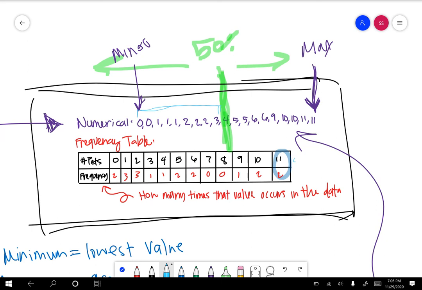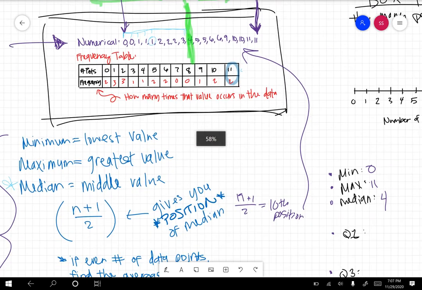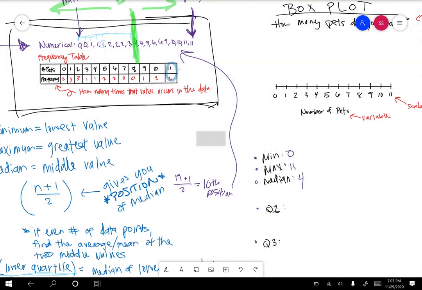To find Q1, we use that median formula again: 9 plus 1 divided by 2, and we're looking at the 5th value. Again, that number it spits out is not the actual median or Q1 or Q3, it's the position of that value. So we need to find the 5th number: 1, 2, 3, 4, 5. So our Q1, or quartile 1, is going to be a value of 1.